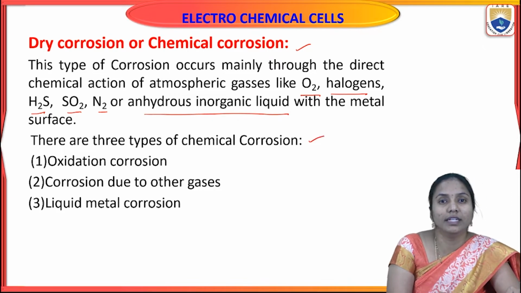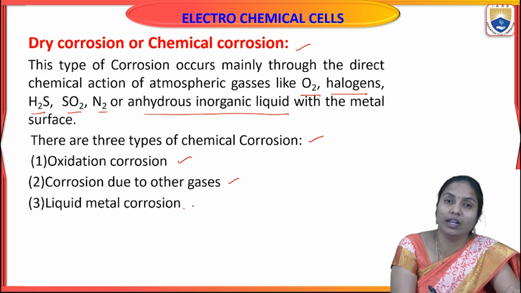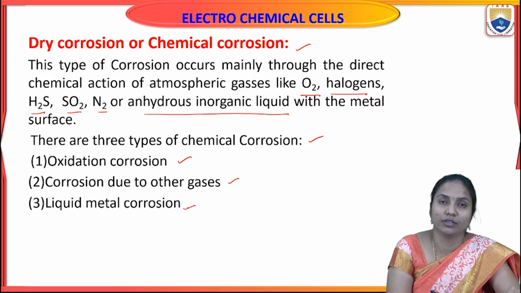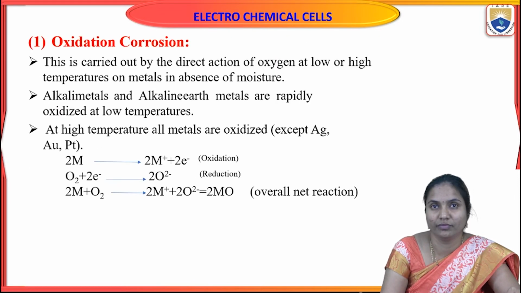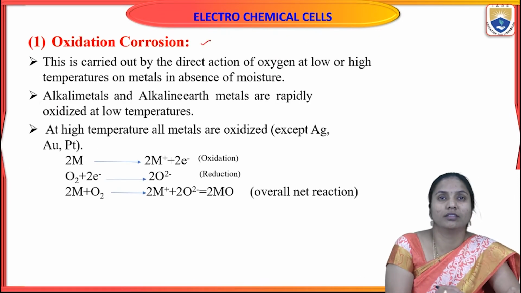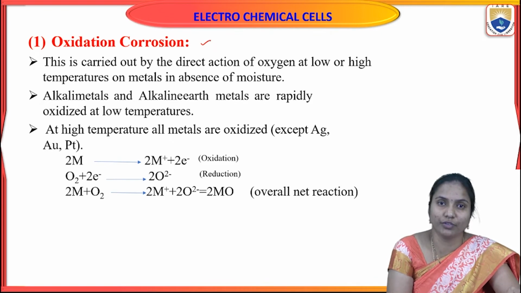So there are three types of chemical corrosion: oxidation corrosion, corrosion by gases, and corrosion by liquids or liquid metal corrosion. Now we'll discuss the meaning of oxidation corrosion.